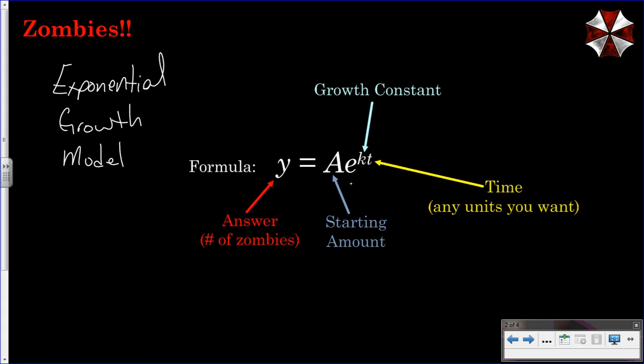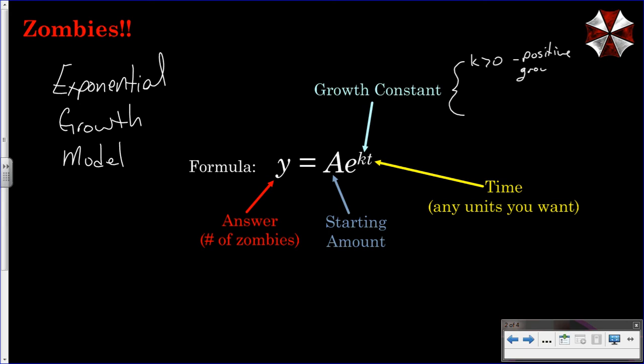E is the E that we've been learning about, the button on your calculator. That's 2.718, and so on. K is our growth constant. Now, if the growth constant is positive, so K is greater than 0, that means this is growth.